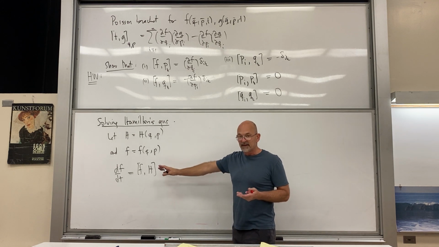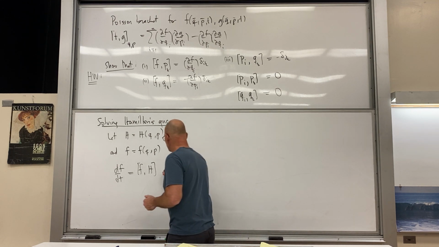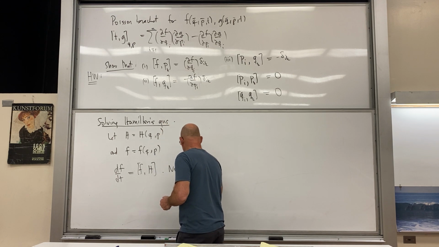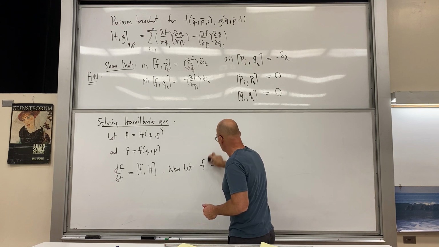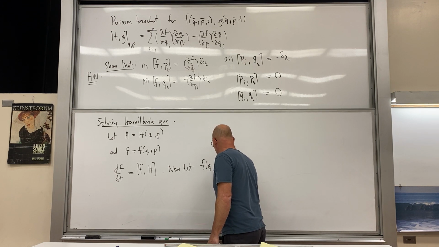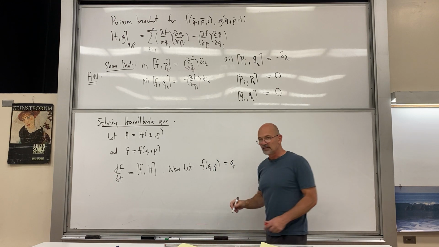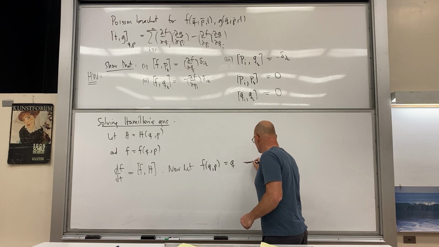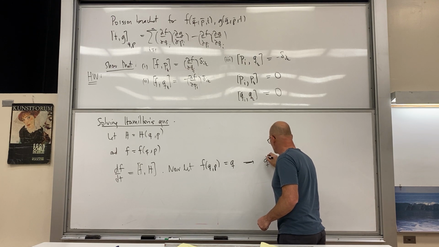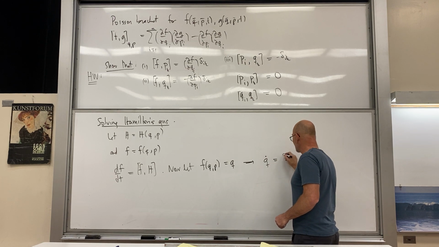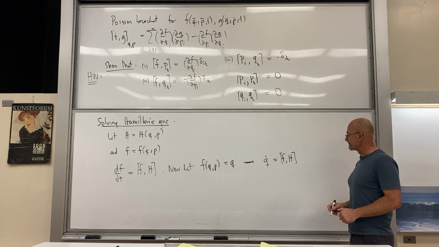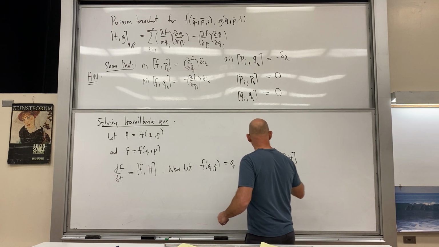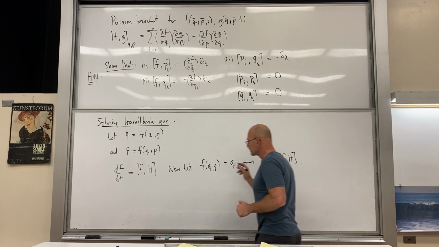No explicit time dependence. Now let F(q, p) be q itself. Because then we have q dot equal to the Poisson bracket of q with H. Okay, I'll leave that there for a moment.